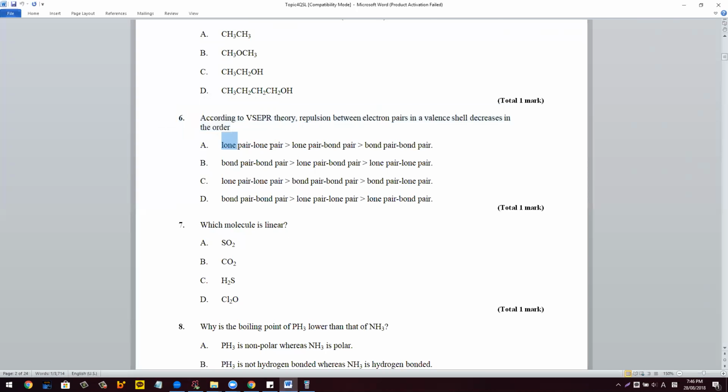Was the lone pair repulsion the strongest, or lone pair bond pair strongest, or between bond pair and bond pair? Which one was the strongest? It was just about a week ago, wasn't it? And I think you guys understood this question pretty well. Chris, do you remember what the answer was?